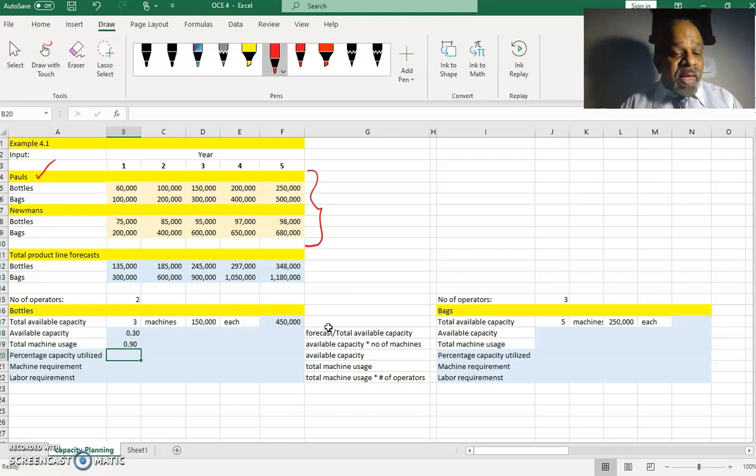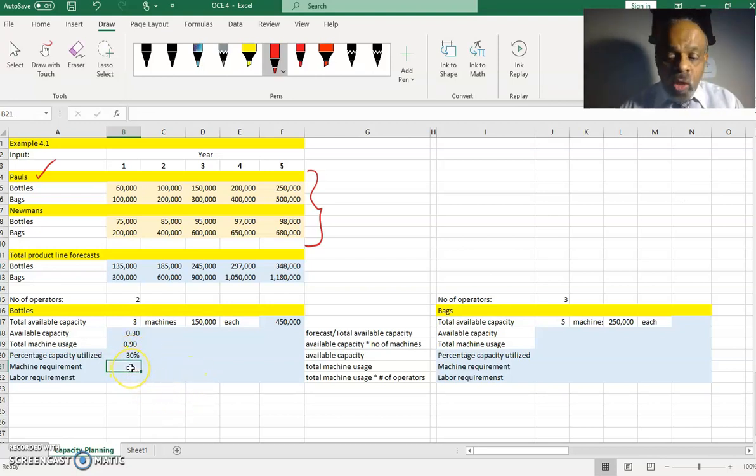But I can produce that within one machine. How? Because 135,000 is less than 150,000. And that's the reason I can use 3 machines and make it as 0.9. The percentage capacity utilized is what I need to calculate next. What is my percentage capacity utilized? It is going to be the same as the available capacity, but in percentage.